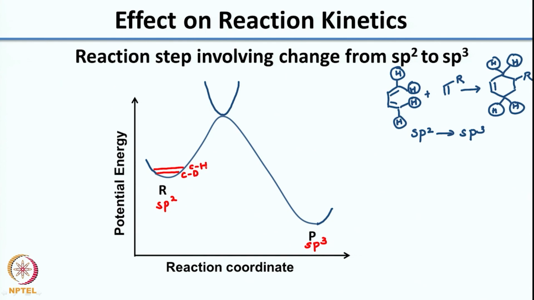If you did not understand this, you can go back, rewind and look at the explanation for sp3 to sp2, whereas in your product you have a greater difference in energy. So your transition state now would be somewhere in between these two. So you would have an energy difference, say.